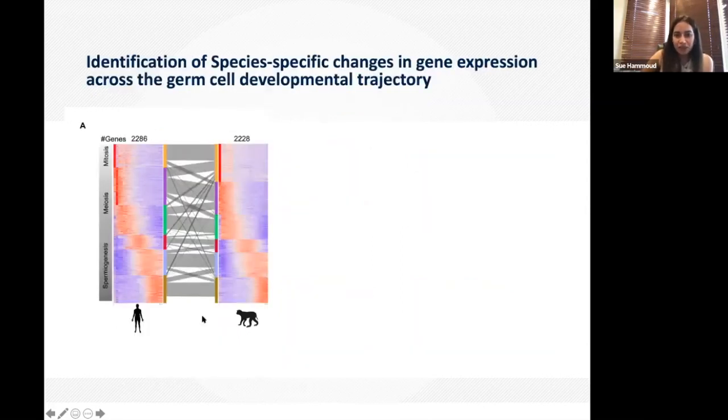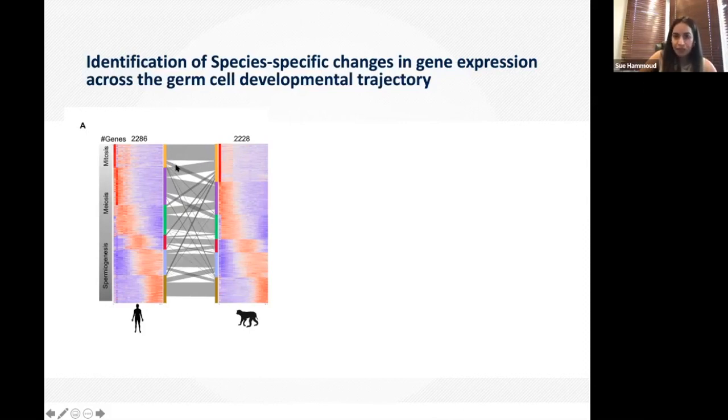And from there, we can begin to explore which gene modules or gene pathways vary across species and across cell types. This is a k-means clustering of the genes across the 21 different bins that were identified from the pseudotime. What you can see is that a large number of genes, when comparing human and macaque, have these horizontal lines connecting them, suggesting that these are the same genes expressed in the same phase at the same time in germ cell development across species.